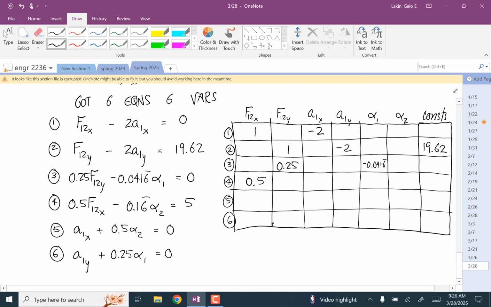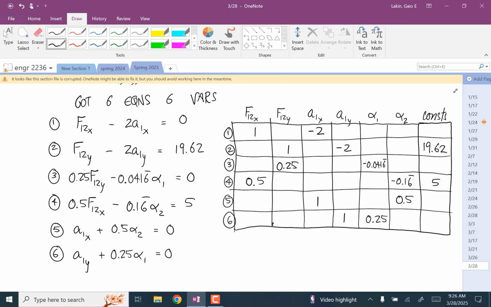Alpha 2, we have negative 0.16 repeating. Constants, we have positive 5. Equation 5, a1x, we have 1. Alpha 2, we have 0.5. And then the last equation, a1y, we have 1. Alpha 1, we have 0.25. And there you go.